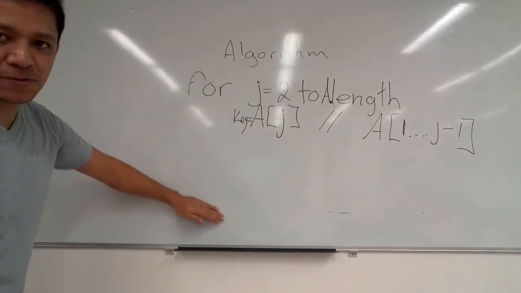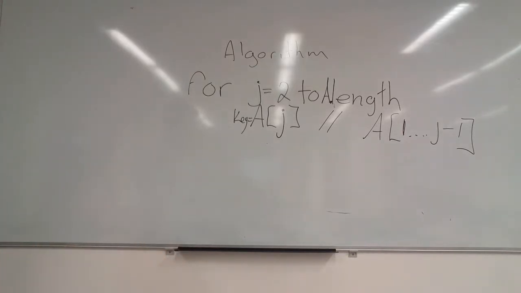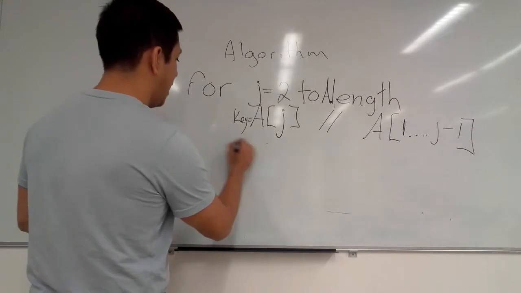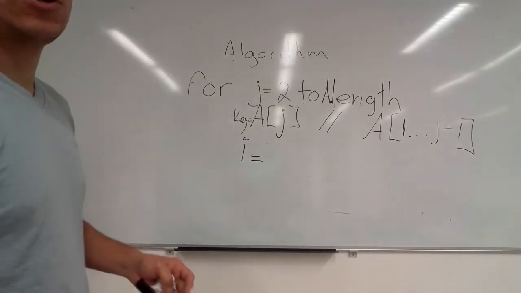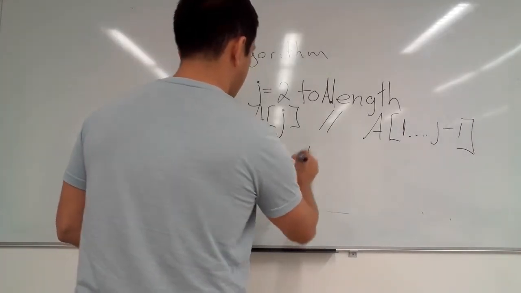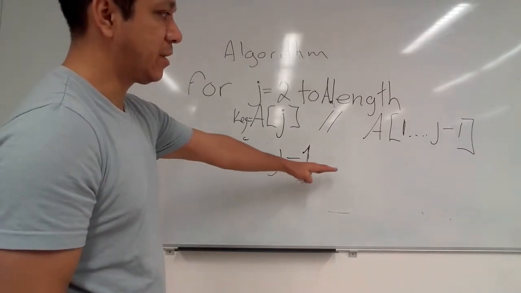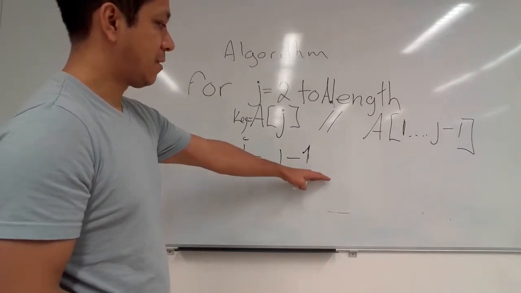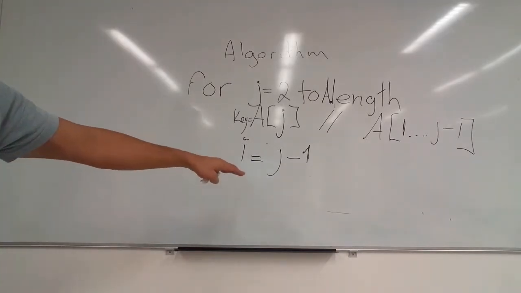We want space for this for because we want to give some ordering. So now the i is going to be equal to j minus 1. This is where there is a comparison, and this is going to be the i, the new name that we want to sort.